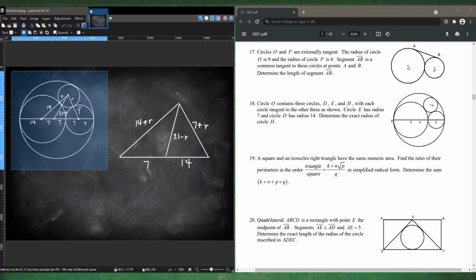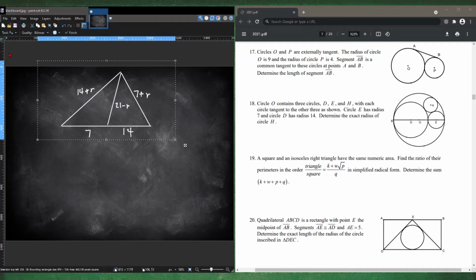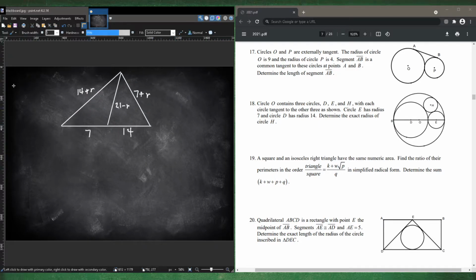Okay, and let's move this. So using Stewart's theorem again, we have 14 times 14 plus r squared plus 7 times 7 plus r squared equals 7 plus 14, which is 21, times 21 minus r squared plus 21 times 7 times 14.